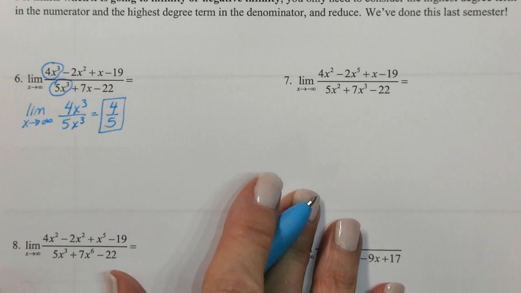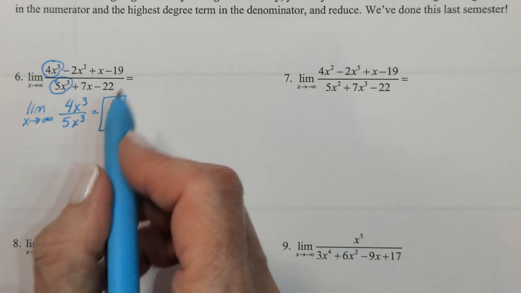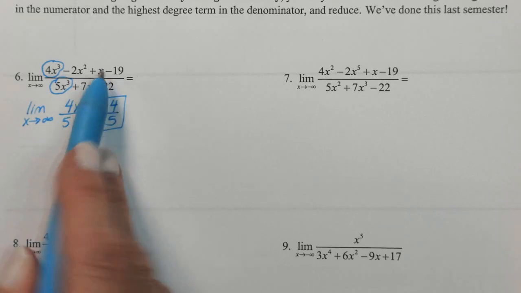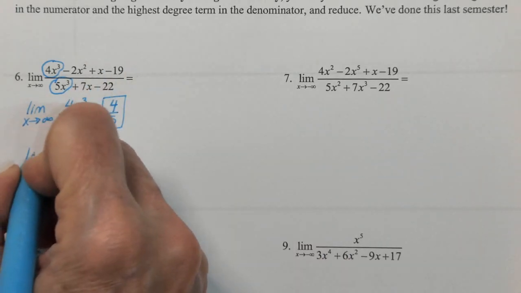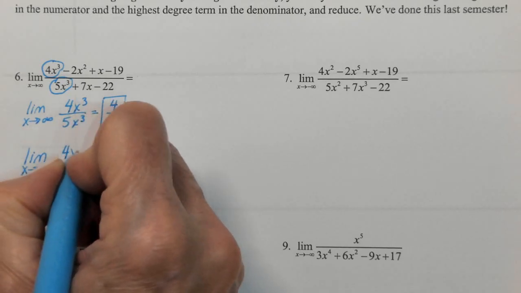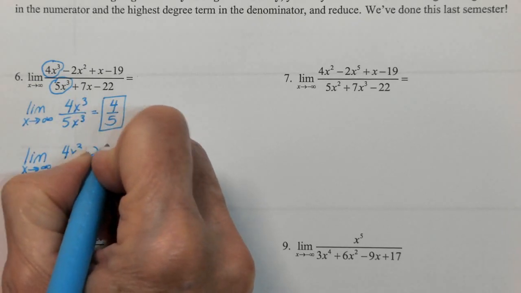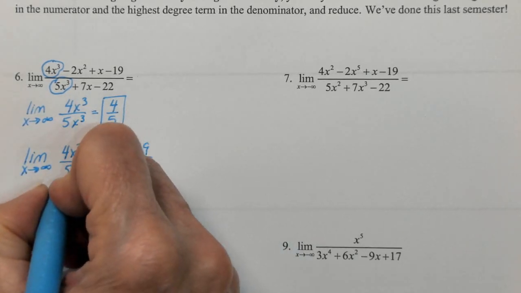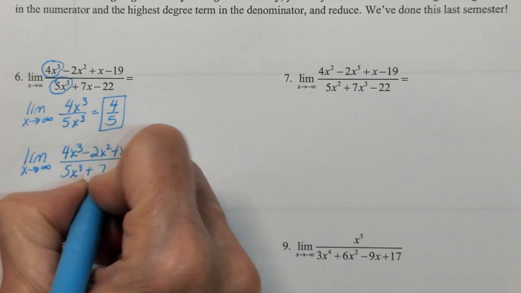I'd like to take this opportunity to show you the algebra behind why we get to just ignore these. Let me rewrite this. Why do we get to just do that?